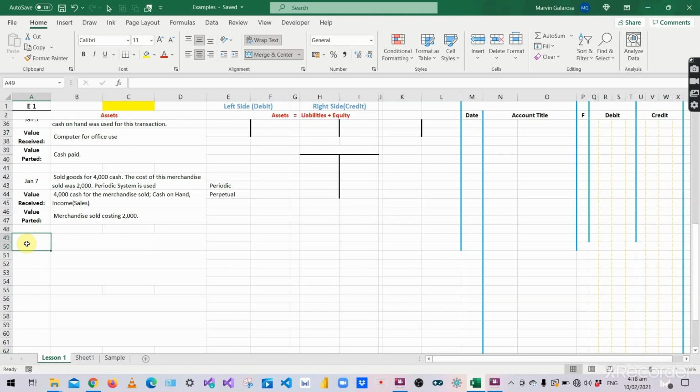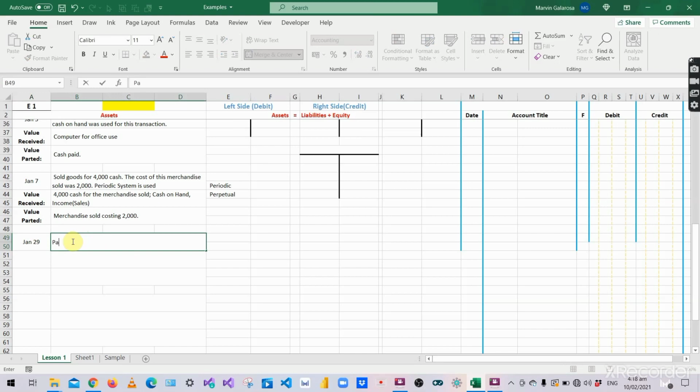Sunod naman na transaction. Let's go on January 29. So, almost end of the month. January 29, paid rent of the business amounting to 5,000 pesos.